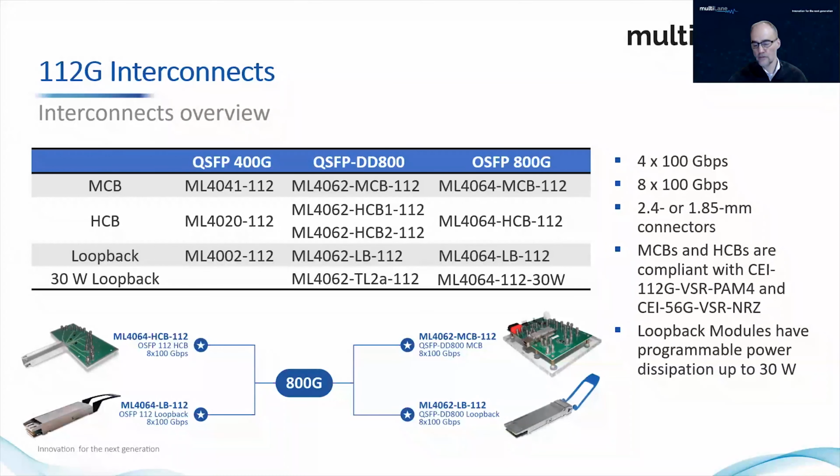So this is like QSFP 400G, 4 lanes of 112 gigabits per second, and 8 lanes for QSFP-DD 800 and OSFP 800 as well. We even have the loopbacks that can be programmed up to 30 watts of power dissipation to really stress test your system.